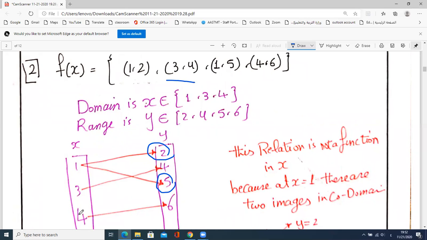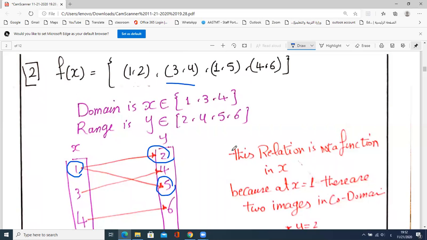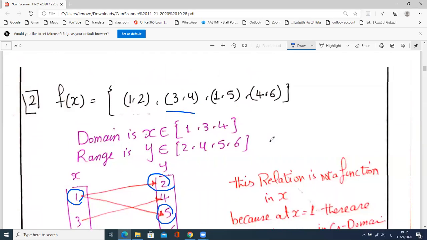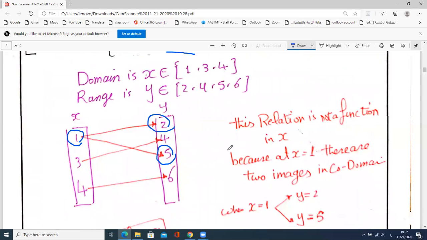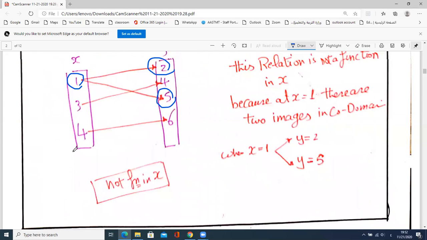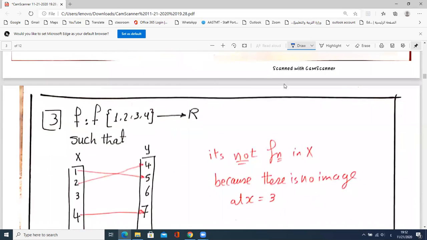Okay, and when x equals 4, the value of y equals 6. So this relation is not a function in x. Why? Because the value of x equals 1 has 2 images in codomain, which is not satisfying the condition of the function. Okay, this is example 2.